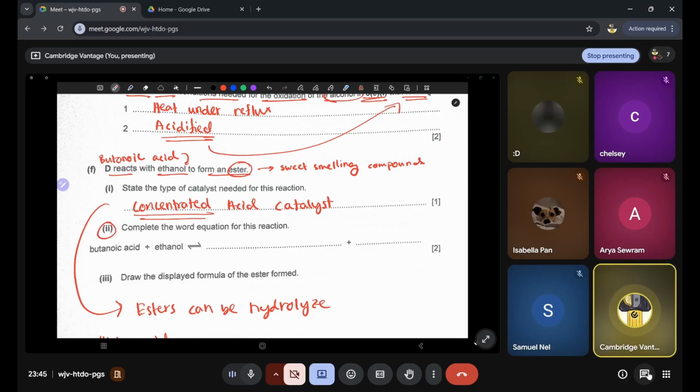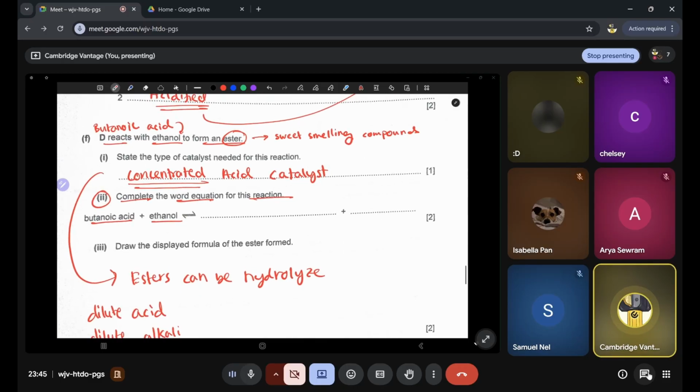Now let's move on to number 2. Complete the word equation for this reaction. So butanoic acid and ethanol. The naming format for esters is alkyl alkanoate. Now, which part is due to which substance? The alkyl part is due to the alcohol.